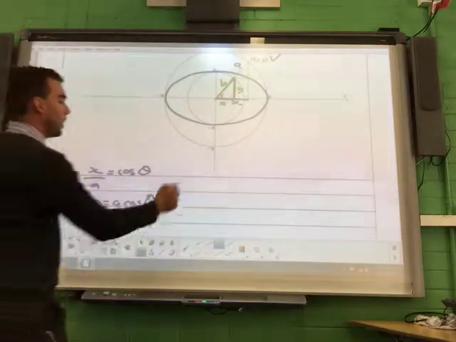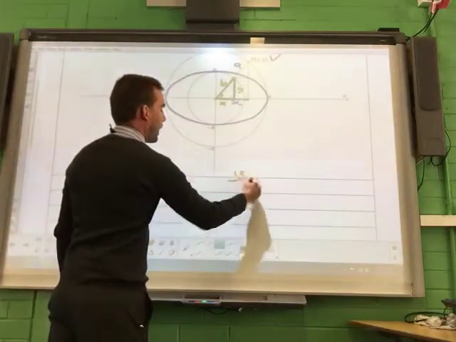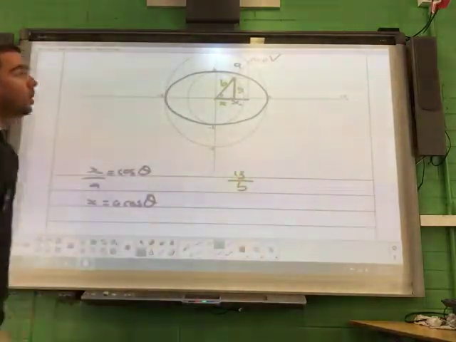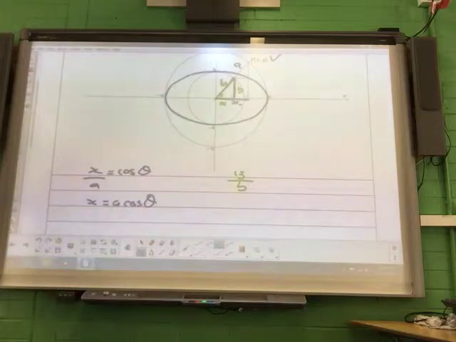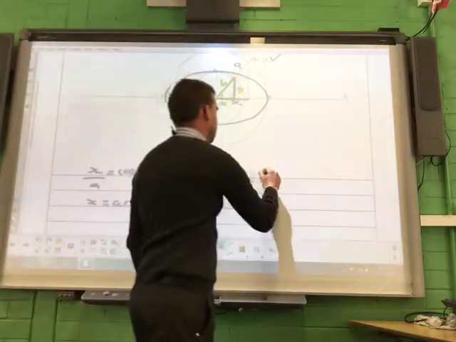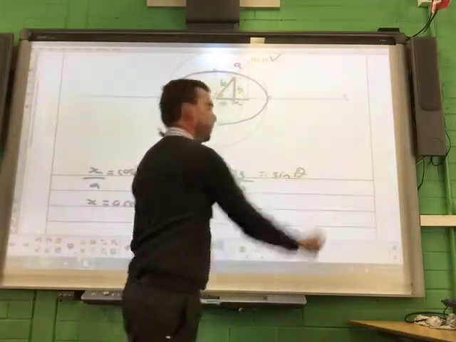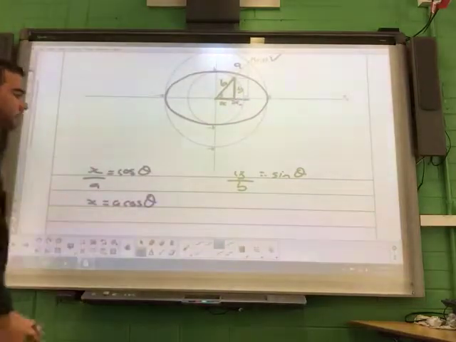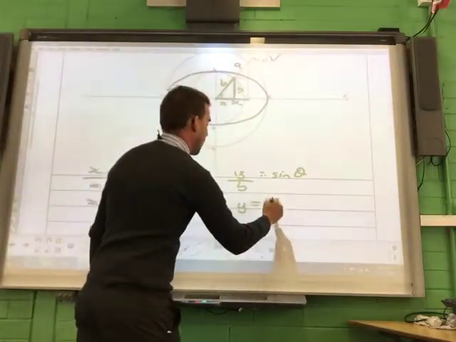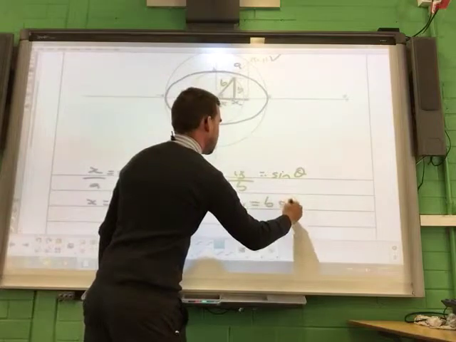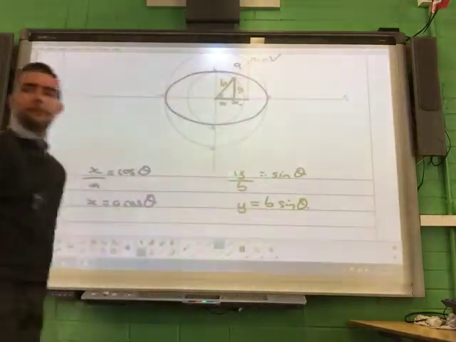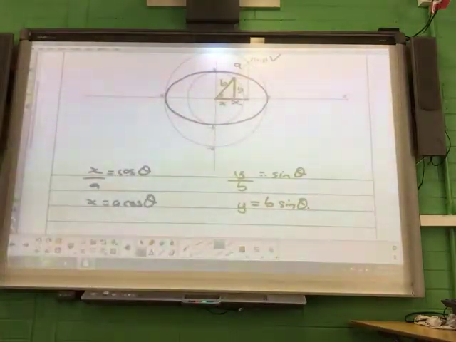From that triangle, y over b, the opposite over the hypotenuse, is equal to sine theta. So y is b times sine theta. And there's your parametric for your ellipse: x is a cos theta and y is b sine theta.